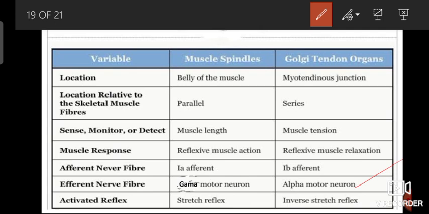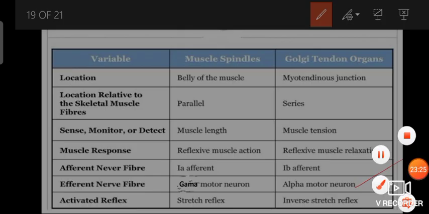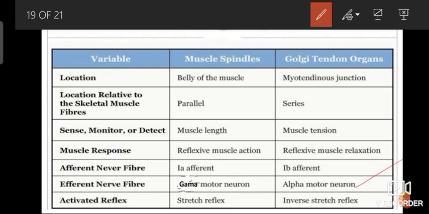It can cause contraction of the overall muscle fibers. So now the activated reflex. The activated reflex is the stretch reflex in the muscle spindle and the inverse stretch reflex in the Golgi tendon organ.